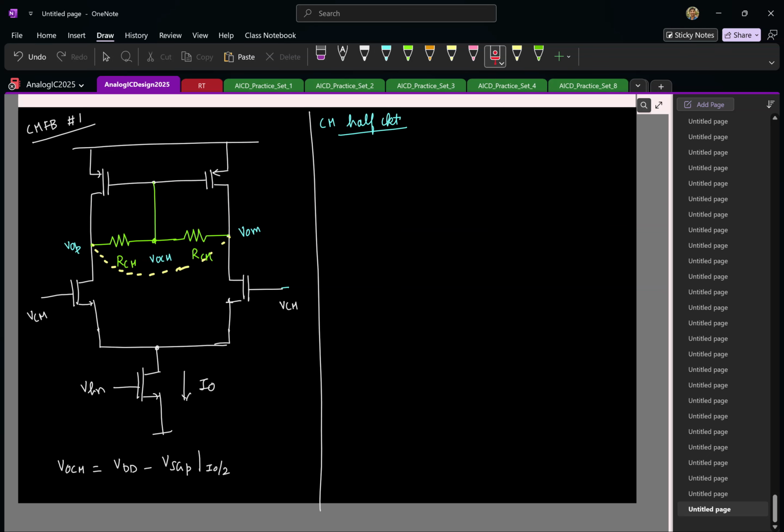So I'll have the two PMOS transistors put in parallel. Similarly, I have the two NMOS transistors put in parallel, and I have the tail current source here, right? I'll say it's 2x.